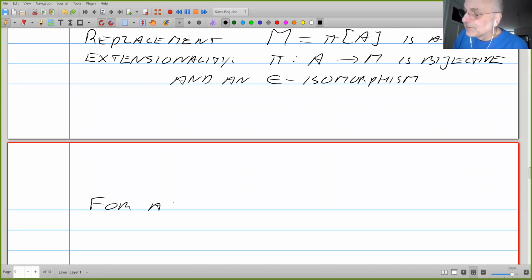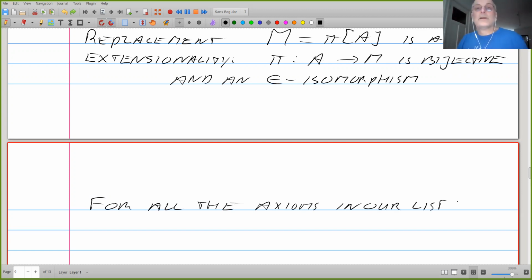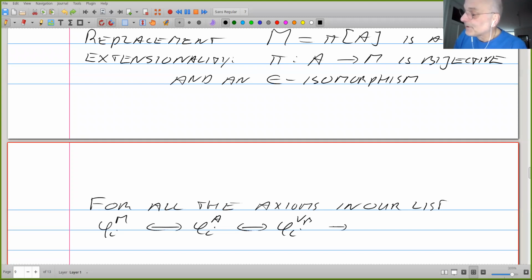For all the axioms in our list, phi i of M is equivalent to phi i of A is equivalent to phi i of V beta is equivalent to phi i.